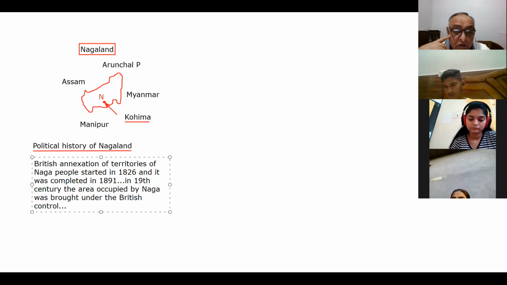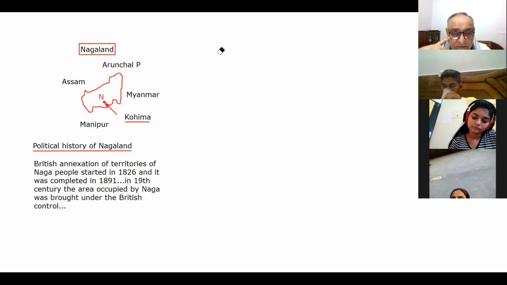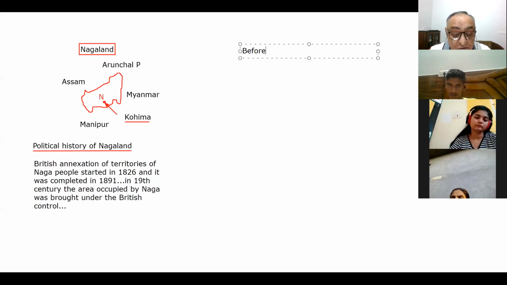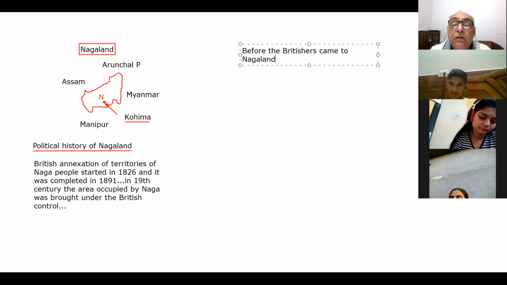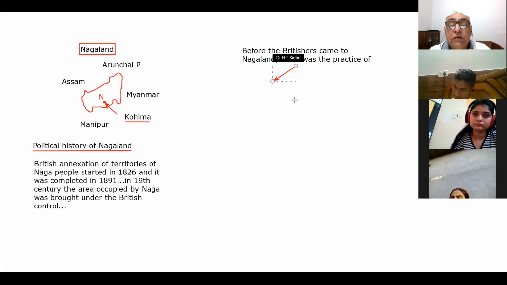So now the next important thing is that before the Britishers came to Nagaland, there were two kinds of practices, वहाँ दो किस्म की प्रैक्टिस चल रही थी, both negative practices.